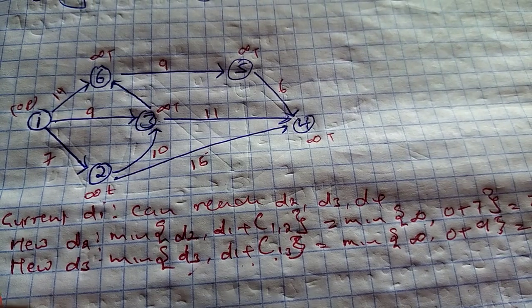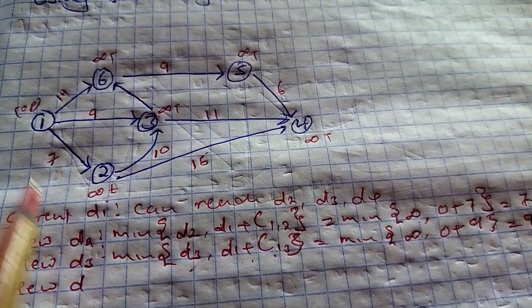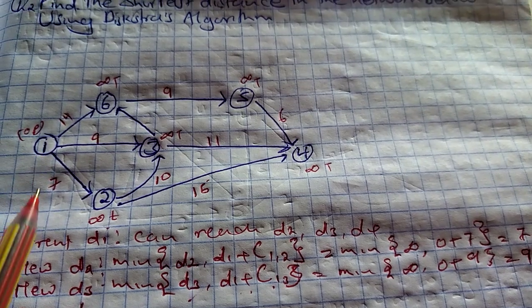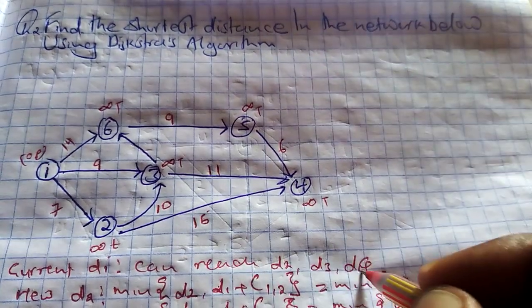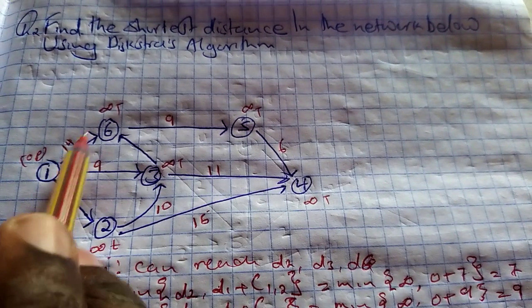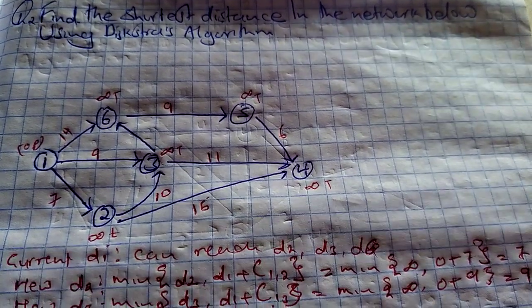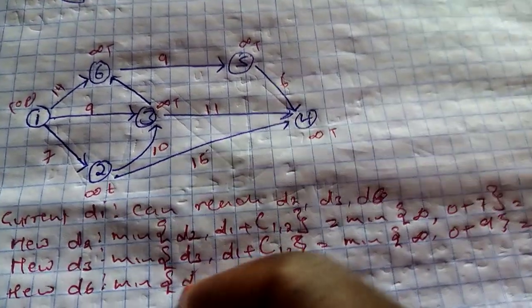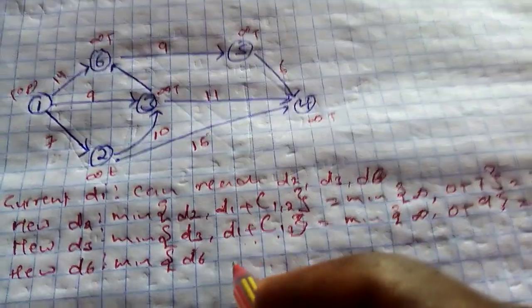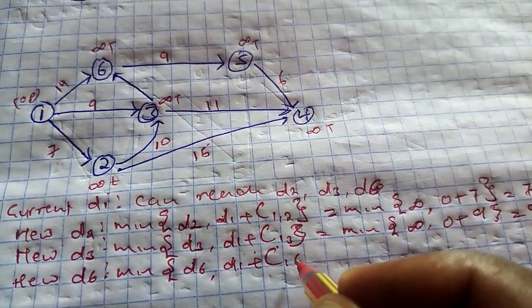We go ahead and find new D6. We can reach D6, not D4, it is D6. So new D6 is the minimum between D6 and D1 plus C16.